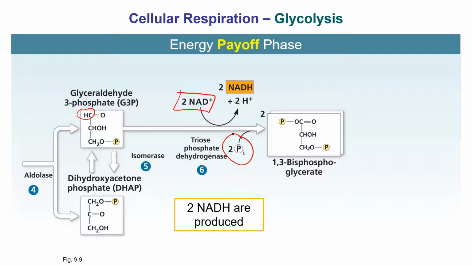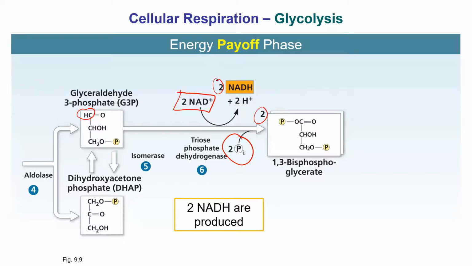Notice everything at this point is multiplied by 2 because we had 1 glucose, and that glucose was broken down into 2 3-carbon molecules. Don't worry too much about the stoichiometry, but that's why there's a 2 in front. You can see 2 here and 2 here and so on, right? I'm just explaining what's going on here.